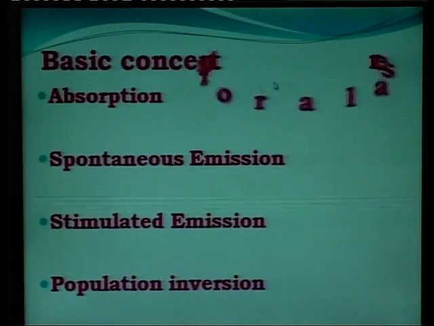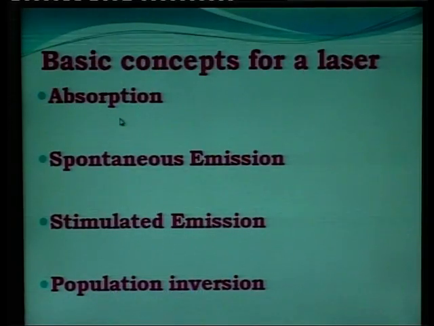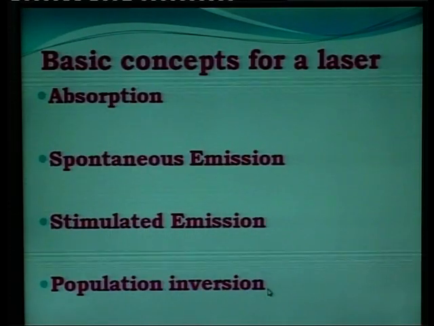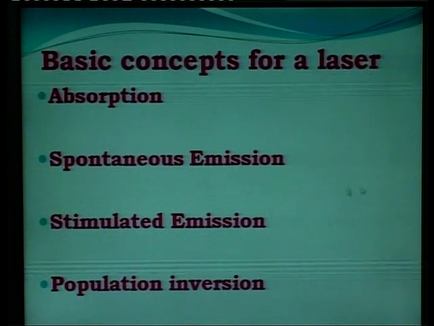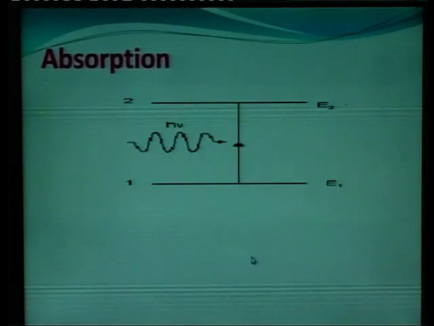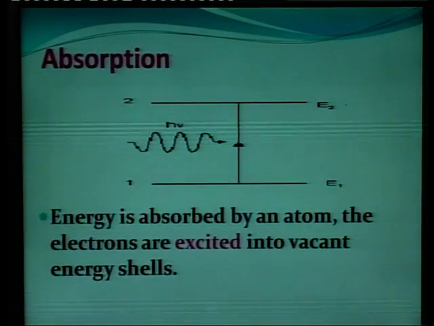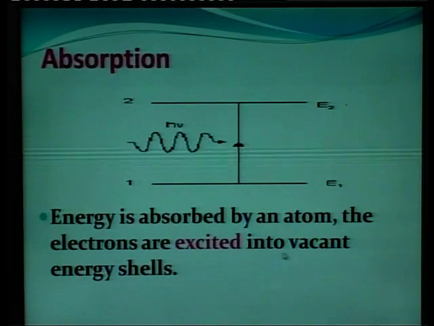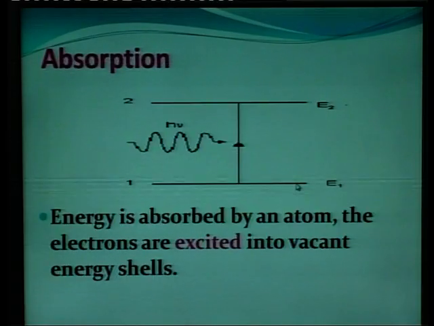Now we are going to define few terms which are related with this laser. What is absorption, what is spontaneous emission, what is stimulated emission, and then finally what do we mean by population inversion. So these terms now we are going to discuss. So absorption means energy is absorbed by an atom. The electrons are excited into vacant energy shells. Suppose this is the ground level of an atom, ये उसकी ground state है.